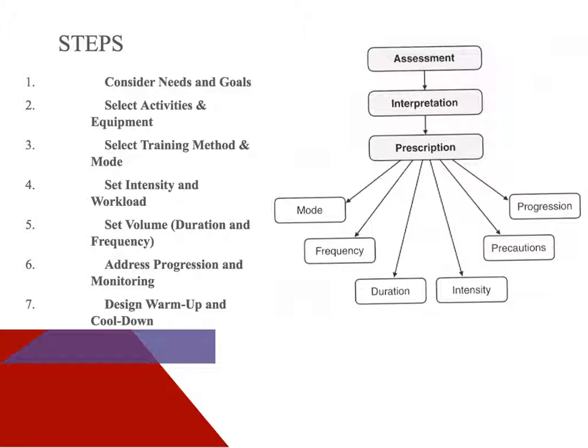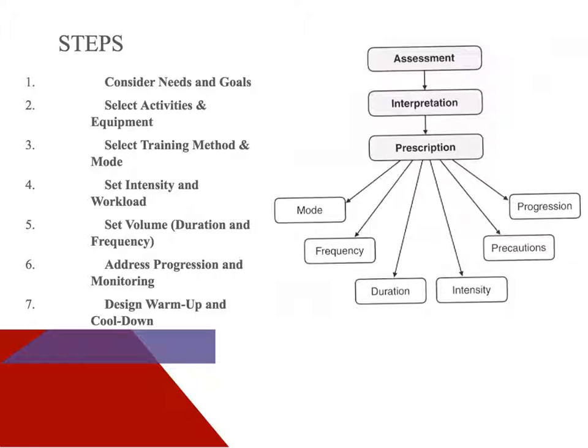So whenever we're looking at creating a cardiovascular exercise training program, obviously we want to start with assessment. We always start with the needs and the goals of the client. This could vary based on client goals, from maybe weight management strategies to improving their time for a 5K to being able to walk around the block without getting winded.